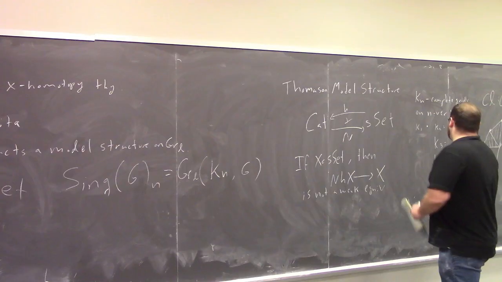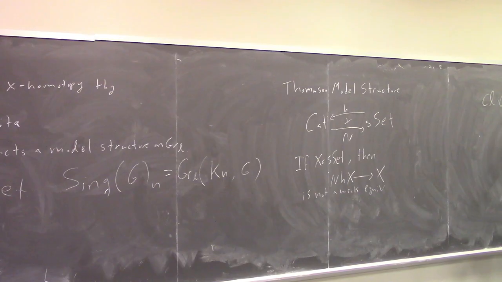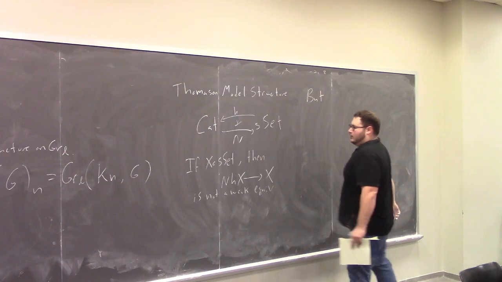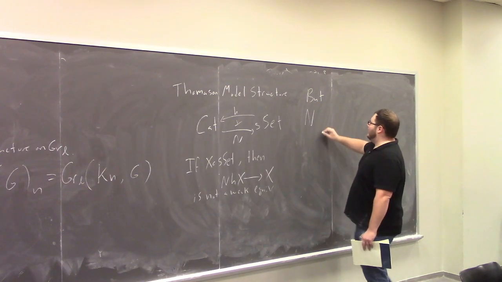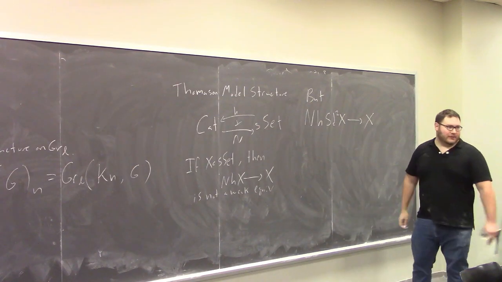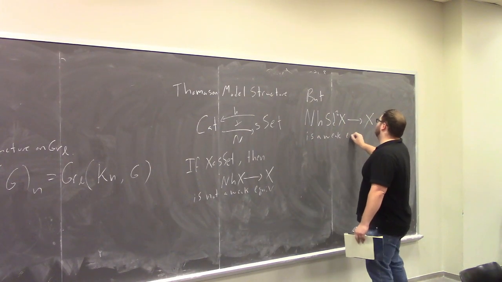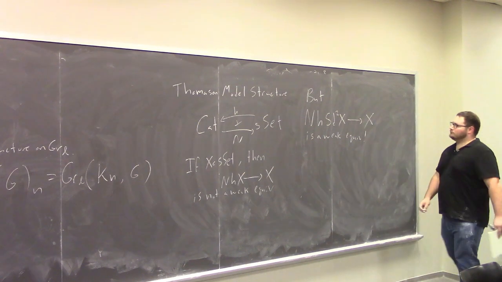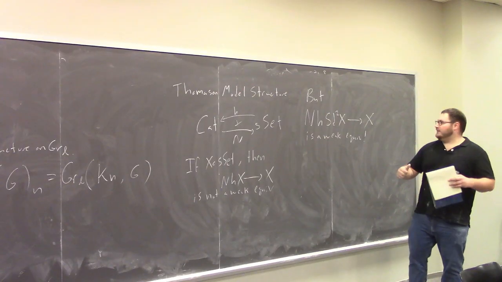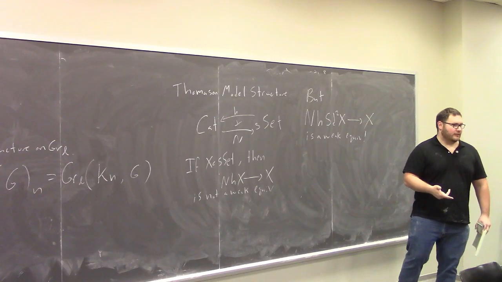But if I take the subdivision twice, this is a weak equivalence. So the idea is somehow subdividing twice and then taking the homotopy category, it remembers enough of the structure of X to get a weak equivalence.